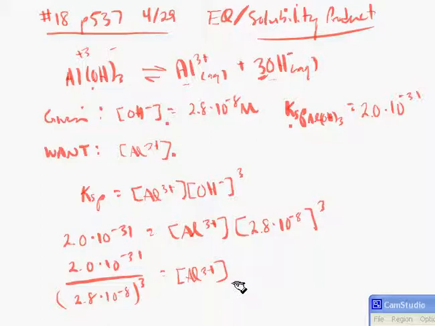We get 2.0 times 10 to the minus 31 divided by 2.8 times 10, and I'm trying to use parentheses here to make sure that I am cubing only the bottom number, 2.8 times 10 to the minus 8, and that is cubed. I'm making sure I have the right number of parentheses. And we get Al3 plus concentration is equal to 9.11 times 10 to the minus 9.